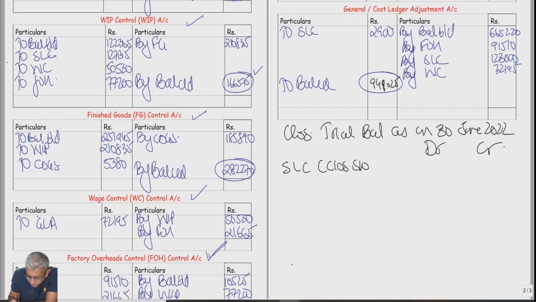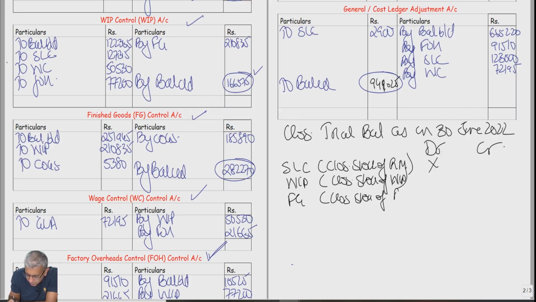Write down that amount. WIP account will be representing closing stock of WIP. Finished goods will be representing closing stock of finished goods. Write down this amount and this amount.